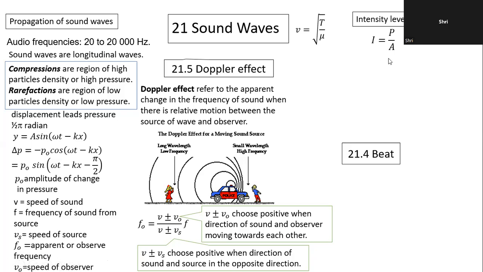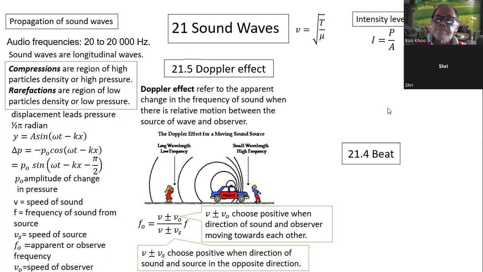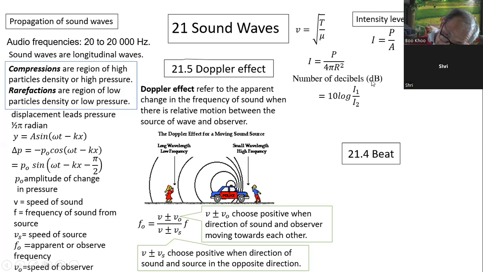Definition for power. Definition for intensity, and intensity is proportional to amplitude squared. And if it's a point source, then definition for decibel.